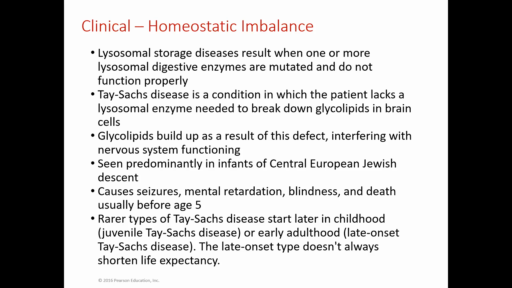Well, Mediterranean Jews married everybody. They intermarried a lot with other populations. There's very few cases of Tay-Sachs occurring in descendants of Mediterranean Jews because the recessive gene disappeared. Oh, it's probably still out there somewhere, but the frequency of occurrence is very, very low.